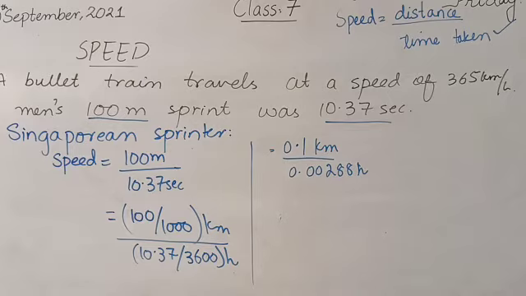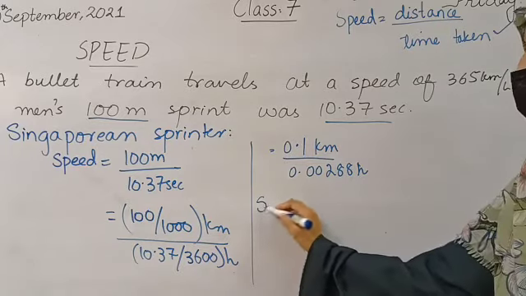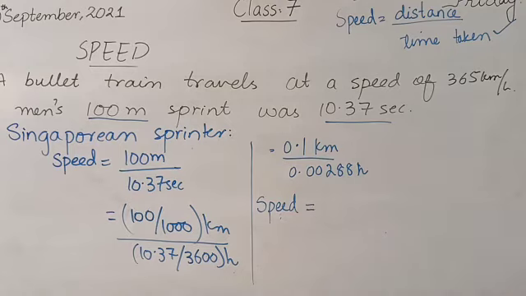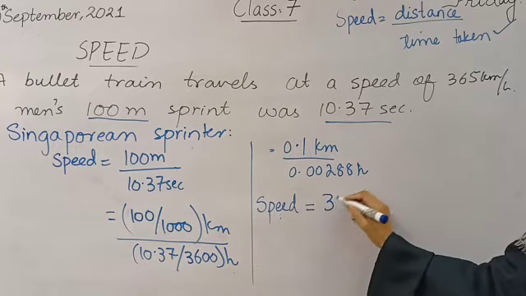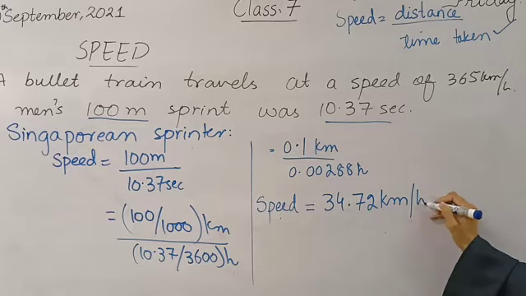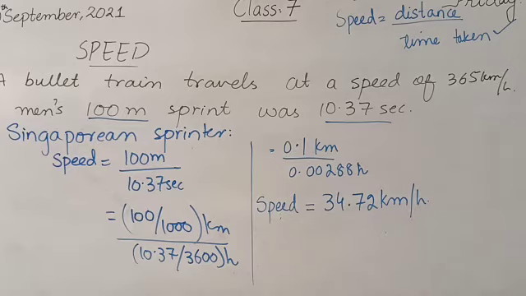Now divide these two to find out the speed of that Singaporean sprinter. Divide 0.1 by 0.00288. When you divide it, you will get 34.72 kilometer per hour. This is the speed of Singaporean sprinter.